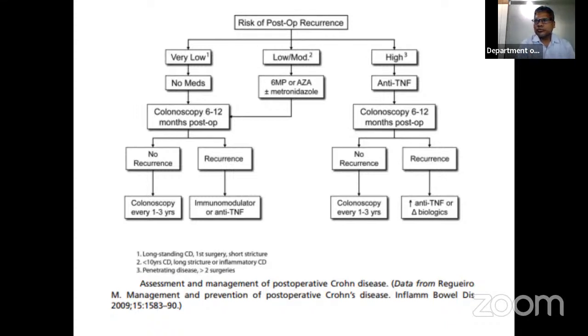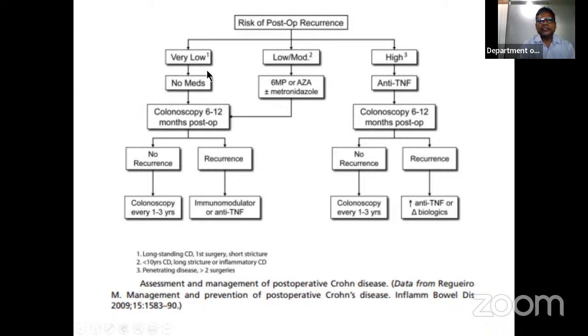The low or moderate group involves less than 10 years of Crohn's disease duration, long stricture, or inflammatory Crohn's disease. The high group includes penetrating disease, or patients who, at the time of presentation, have had more than 2 surgeries.